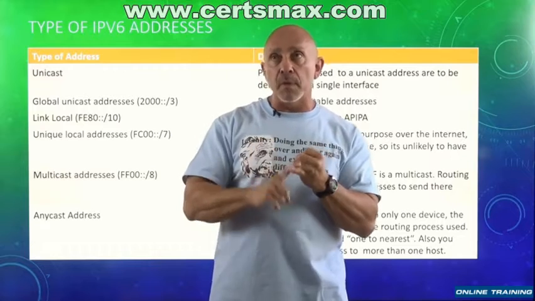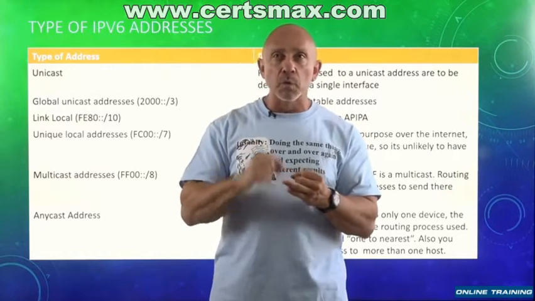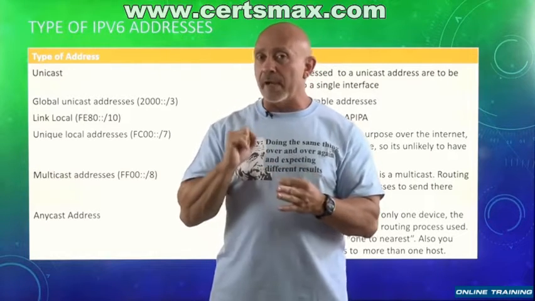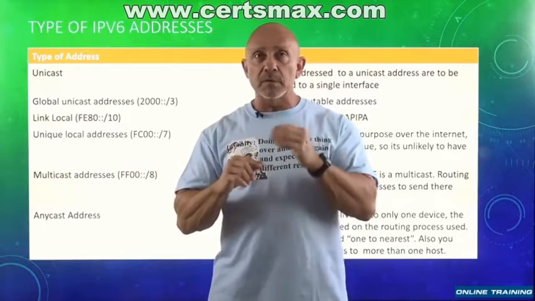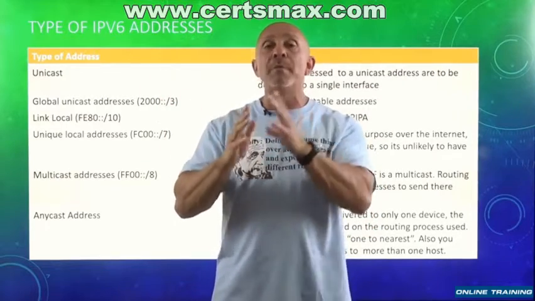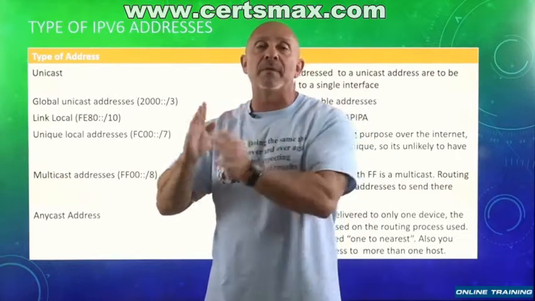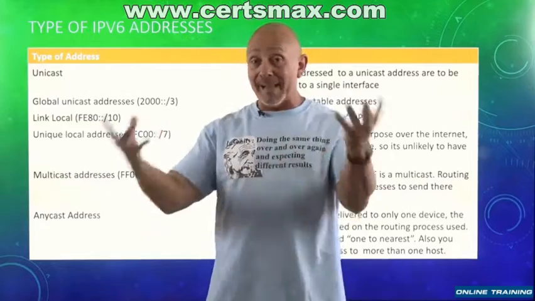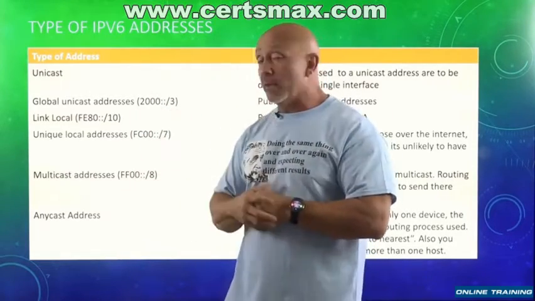It's 3 o'clock in the afternoon, I know school's out, so there's a lot of school traffic. Which street should I take? Which one will be nearest to me based on a lot of different characteristics, a lot of variables that I take in, and then I make my decision. That's the same thing that happens with an Anycast address.